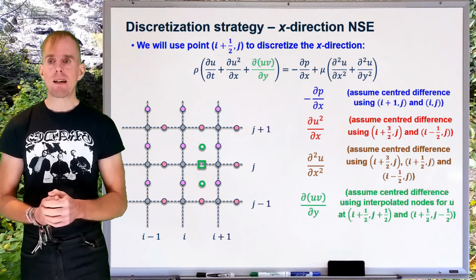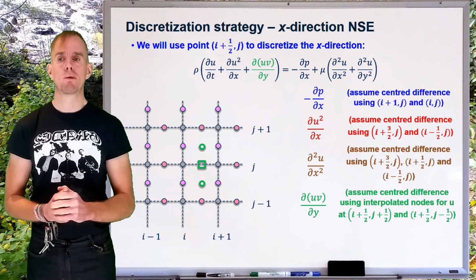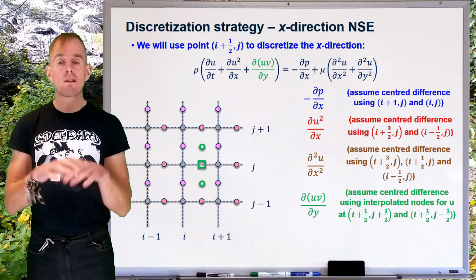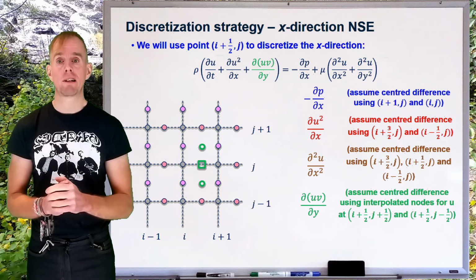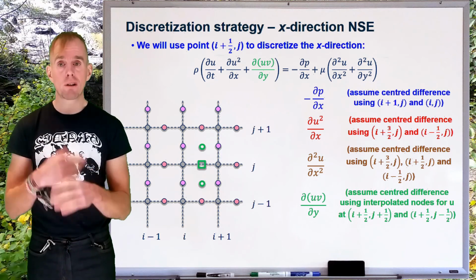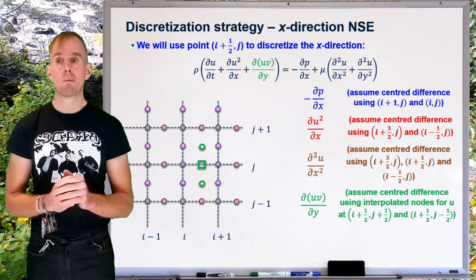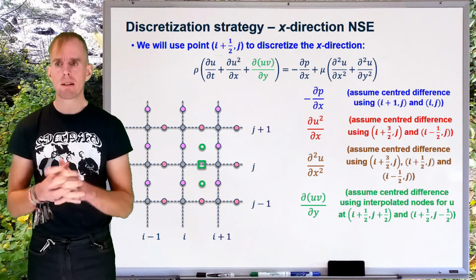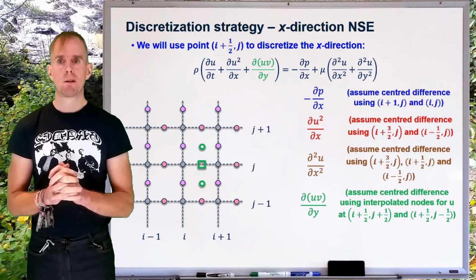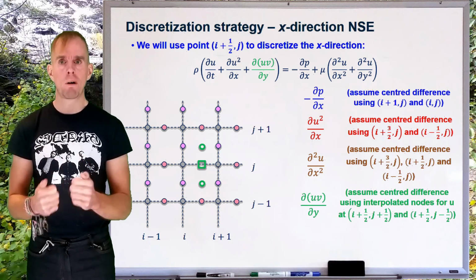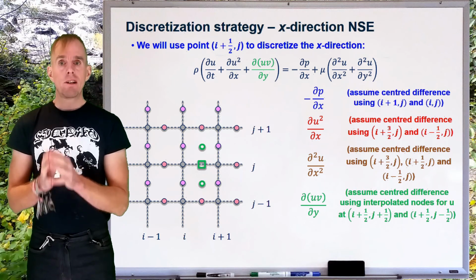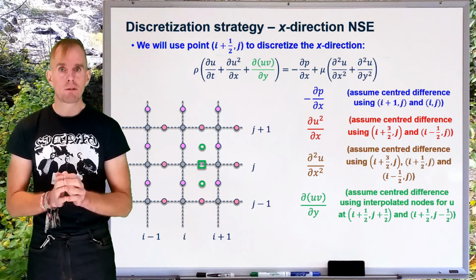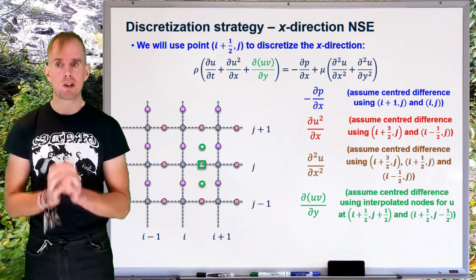Okay, let's have a look at something a little more complicated. On the left hand side of this equation again, we've got another term that drops out of the convective bit. So again, using that conservation rewriting, we've got d by dy of the product of u times v. Now we need to be a bit more careful here because we've got both x direction velocity and y direction velocity involved. Since this is still the x direction Navier Stokes equation, we are still discretising at point i plus 1/2 comma j.